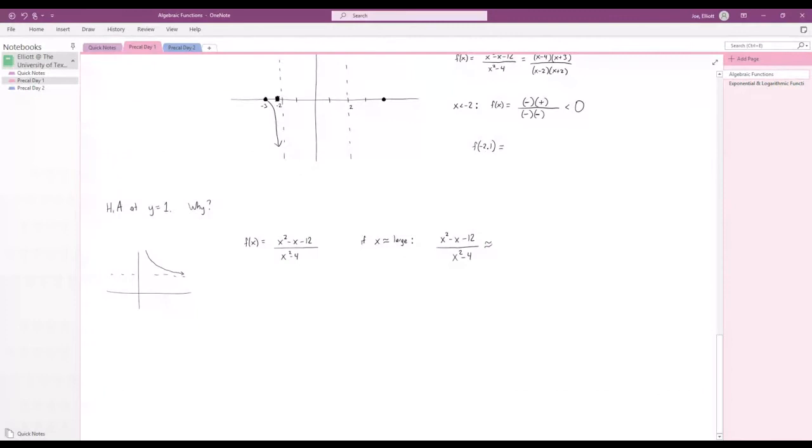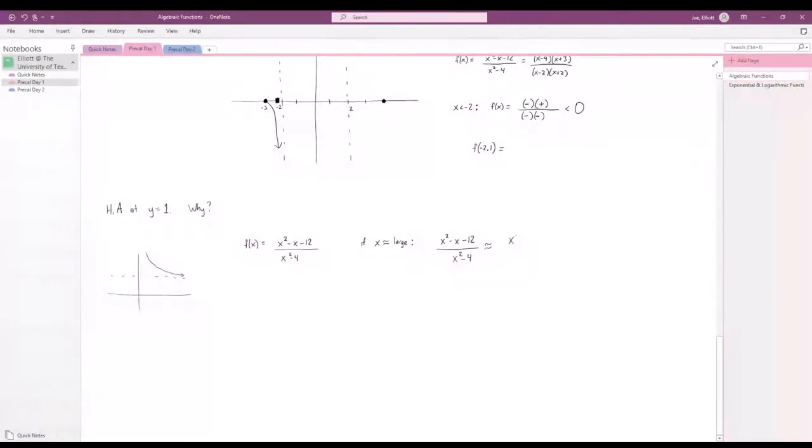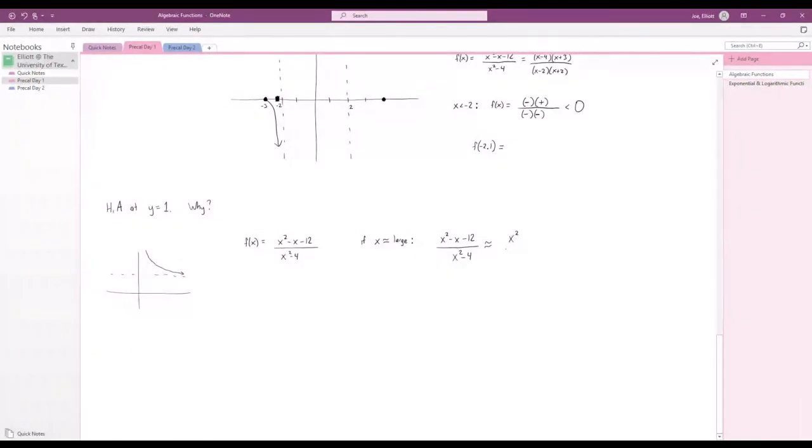So in the numerator, that minus x and minus 12 are almost insignificant when x is large. So it's almost as if you just have x squared in the numerator.